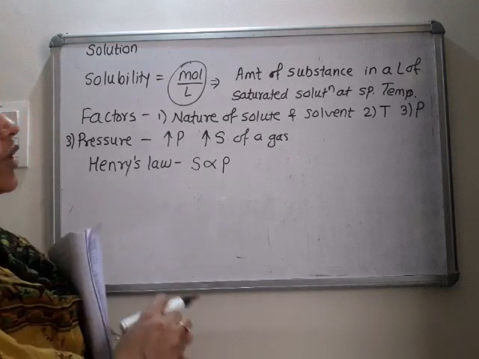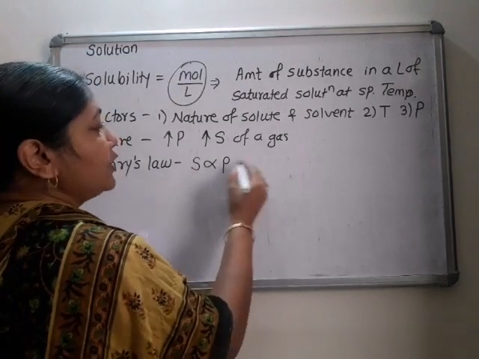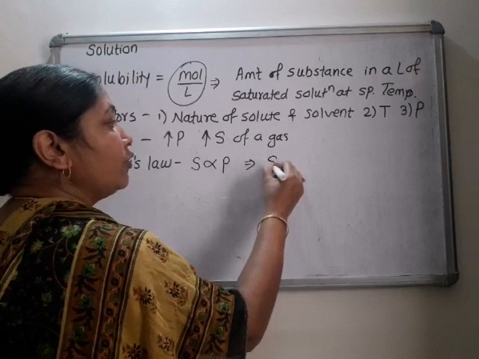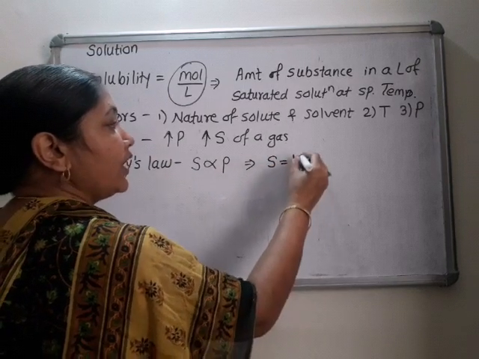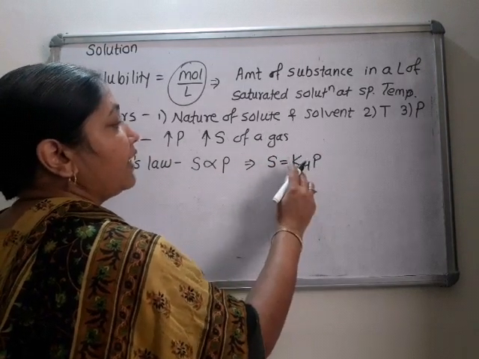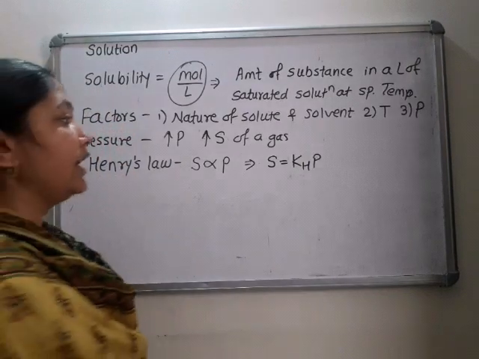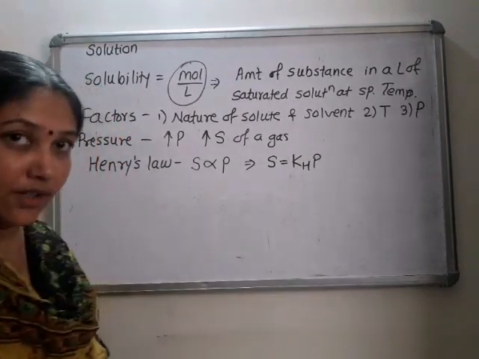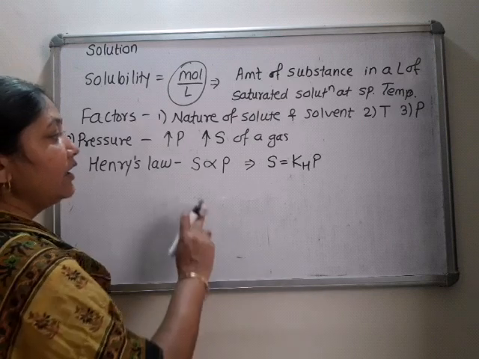So S is proportional to P. Removing the proportionality sign, S is equal to KH into P, where KH is called Henry's constant.